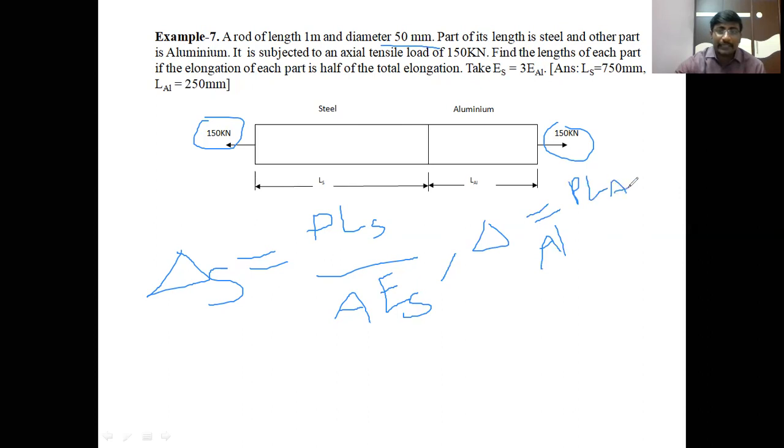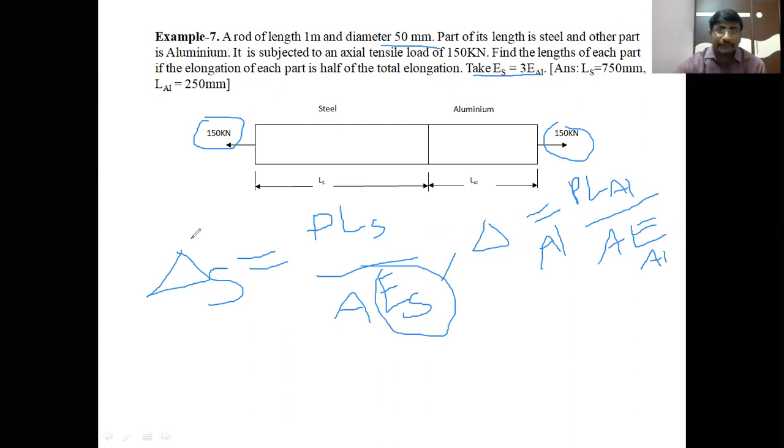That is P LAL, where AL suffix means aluminum, length of the aluminum divided by A, which is the constant, the same for both the materials, and Young's modulus for aluminum. Clear? So here one condition is given in the problem. ES is equal to 3EAL. That means we can replace this ES by 3EAL. Then the length of each part we have to calculate in this problem.